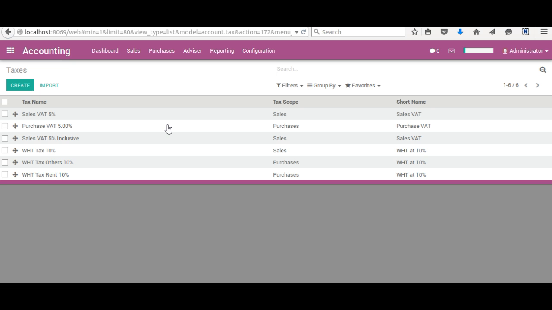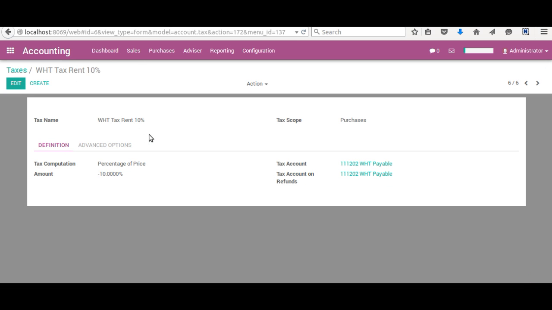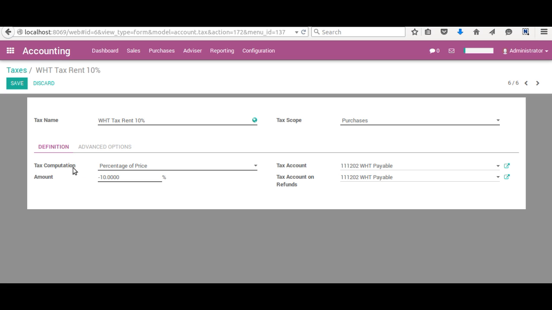The first thing to do is to look at your withholding tax on rent setup. So I'll go back to withholding tax rent 10%. Okay, so my setup here, I don't want to add 10% on my service.